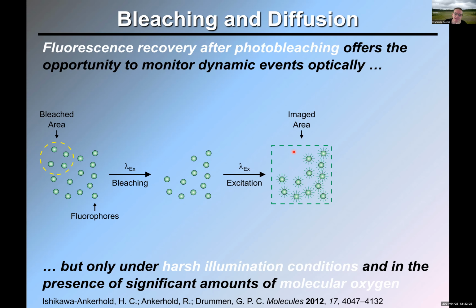So the fluorescence in this area is recovering. That's why this is called fluorescence recovery after photobleaching. So an image after a certain delay will again show fluorescence in the initial area. So by measuring the correlation between fluorescence intensity in here over time, so the fluorescence will go up, one can extract diffusion coefficients, okay?